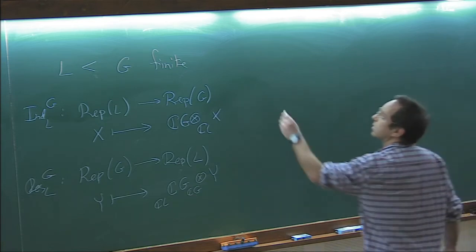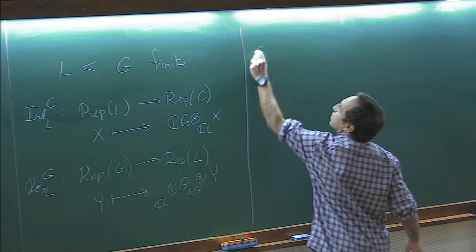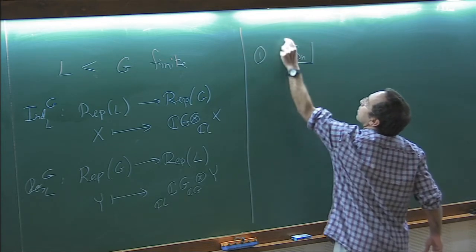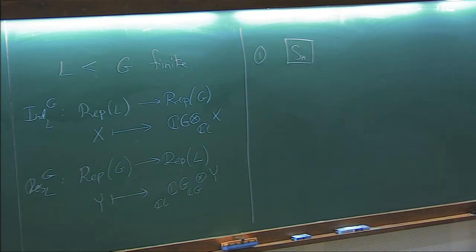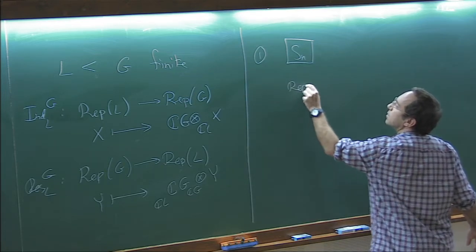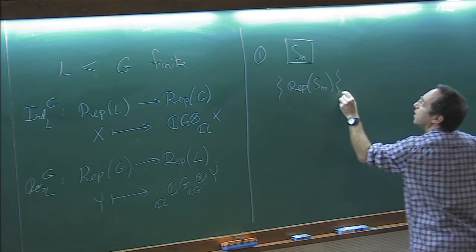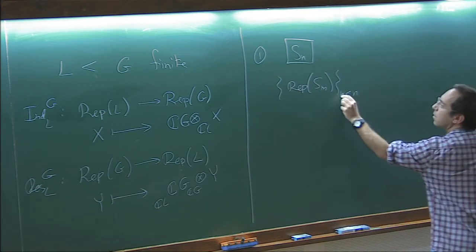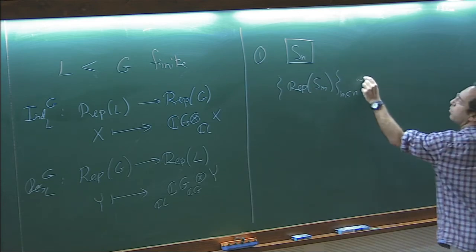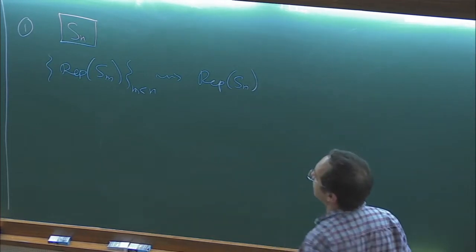And if we look at these families, let's start with Sn. Of course, there are many things one can say about Sn, but I'm going to take some particular point of view. So suppose we know the representations of Sm for every m smaller than n, and we want information about the representations of Sn.